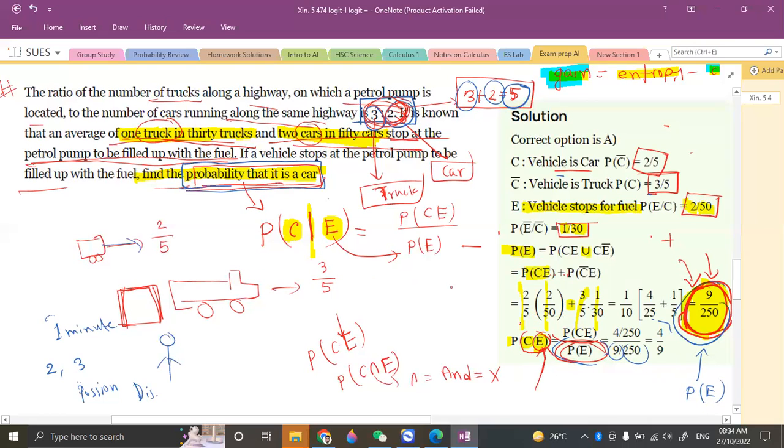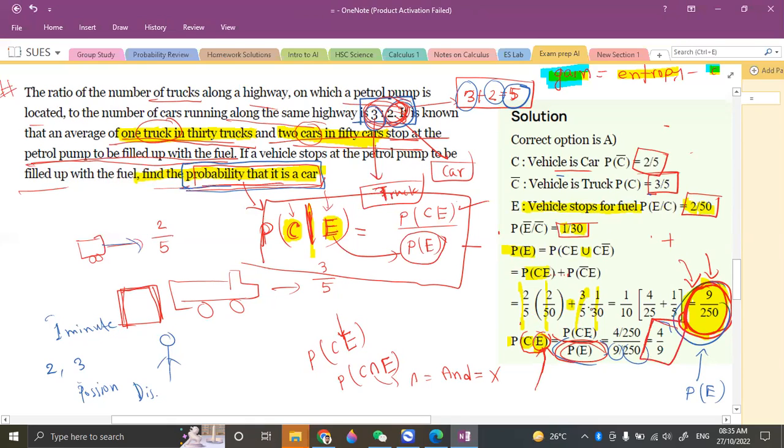The probability that the vehicle is a car and the condition is that it needs fuel: we find the intersection of car and needs fuel, divided by the probability that the vehicle needs fuel. So this is the answer: 4 out of 9.